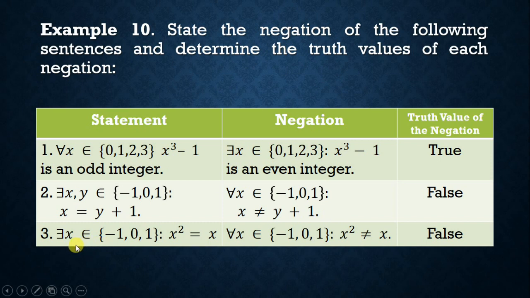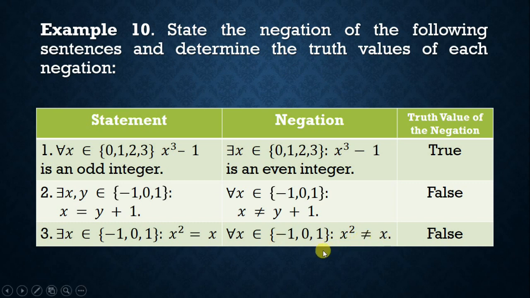And number 3, there exists x element of the set containing -1, 0, and 1 such that x squared equals x. And the negation of this statement, from existential to universal statement, is for all x element of the set containing -1, 0, and 1, x squared is not equal to x.